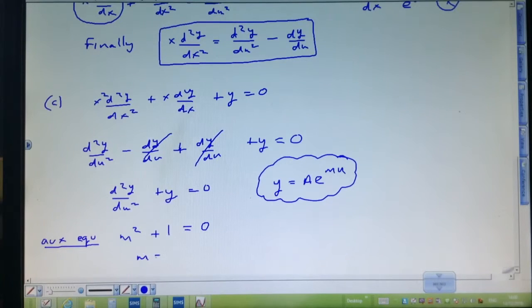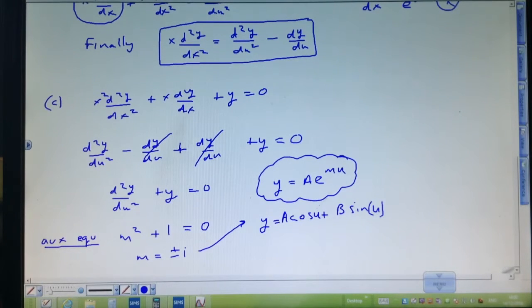Solve this: m is equal to plus or minus i, and then straight to the solutions from there. You can see that y is going to equal, and this is complex, so if you remember from the previous lesson, A cos 1u plus B sin 1u.